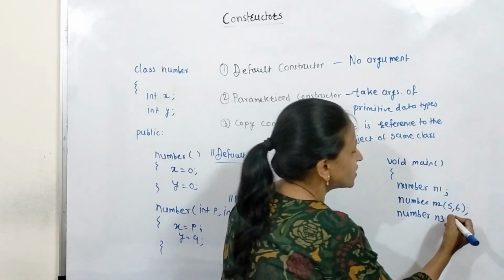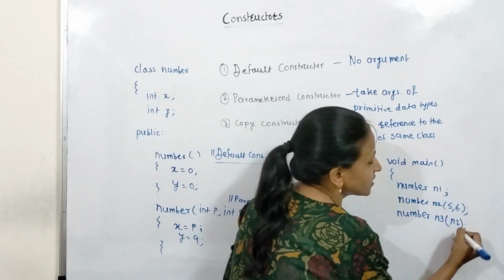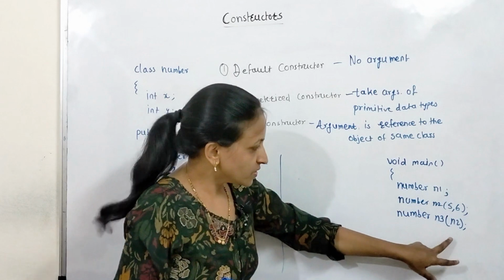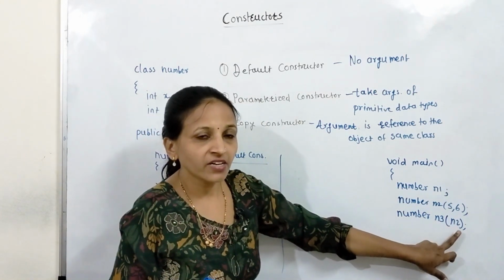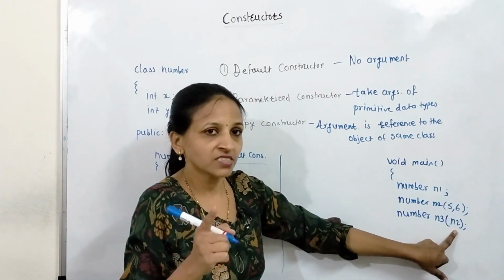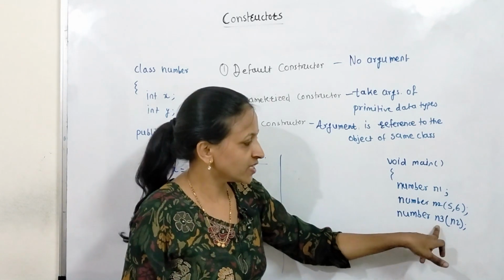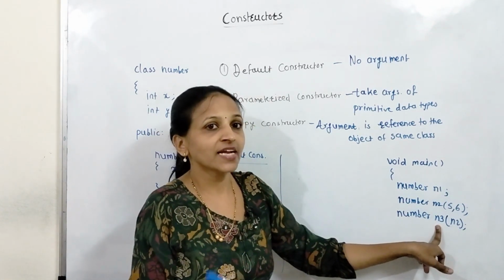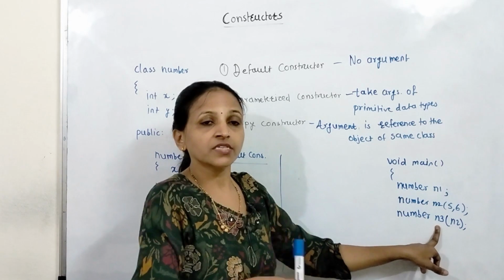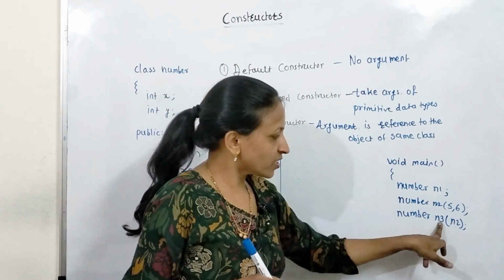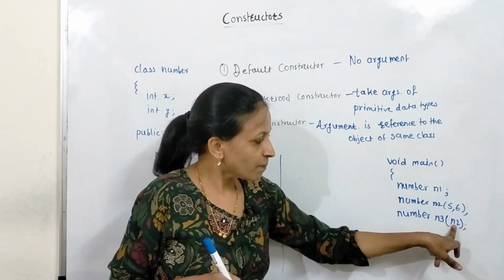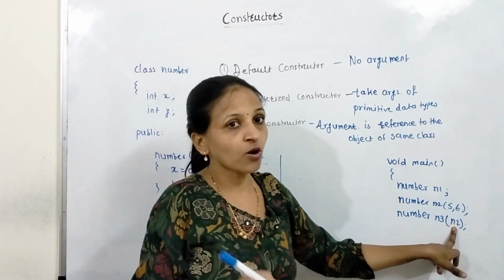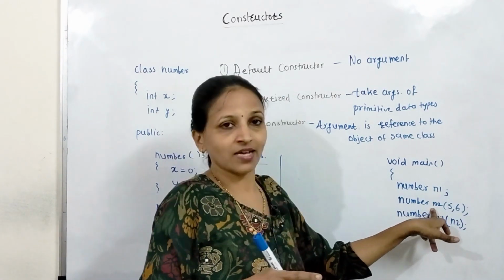Then we have to pass n2 itself here. Here we will pass n2, and n2 will have x and y. The same values of x and y should get copied inside x and y of n3. This I want to achieve. While creating the object I am passing the object of the same class.